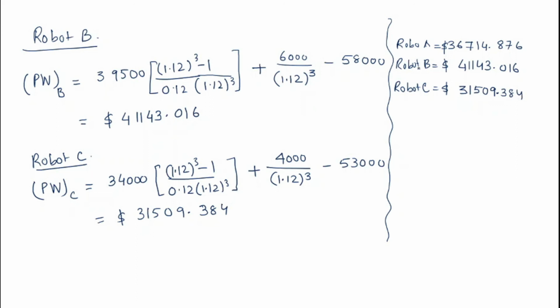Since these are the net earnings, the objective is to maximize the earnings. So we can easily see that this is the robo which is giving the maximum earnings in its economic life. So this will be the preferred option.